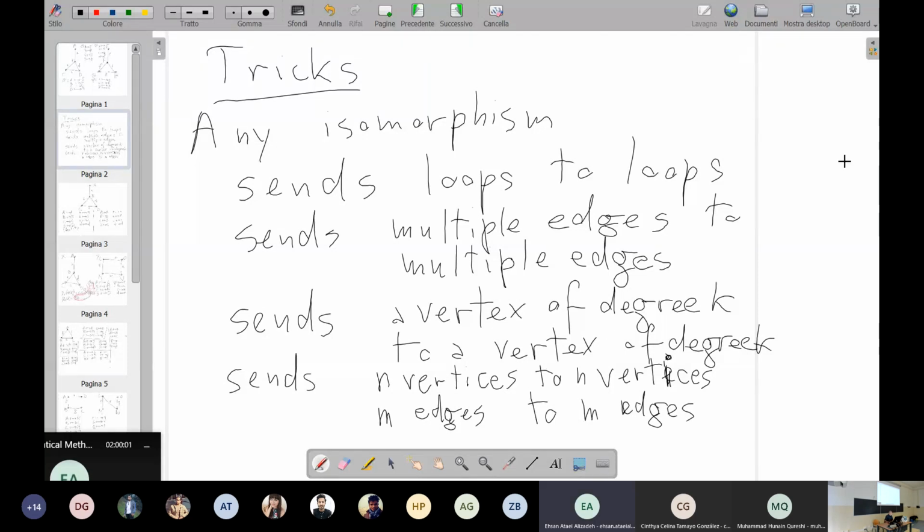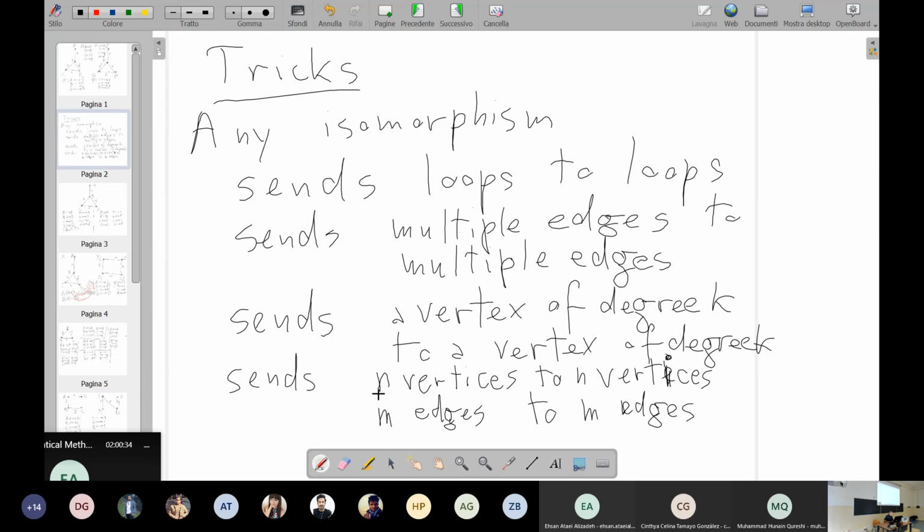All right. Professor, did you mean that all these rules should be satisfied in order for the other ones to be satisfied? What I say is, if you have an isomorphism, surely this isomorphism sends a loop to a loop, multiple edges to multiple edges, a vertex of degree k to a vertex of degree k.